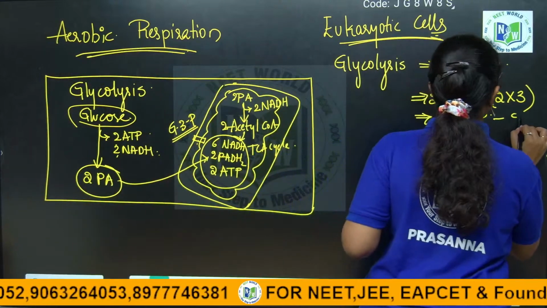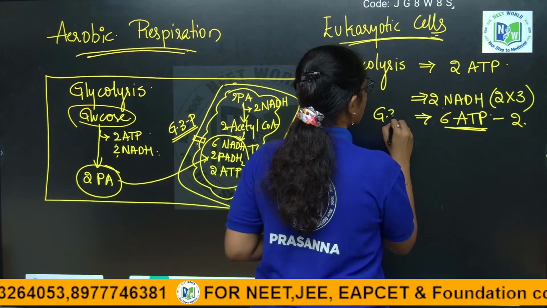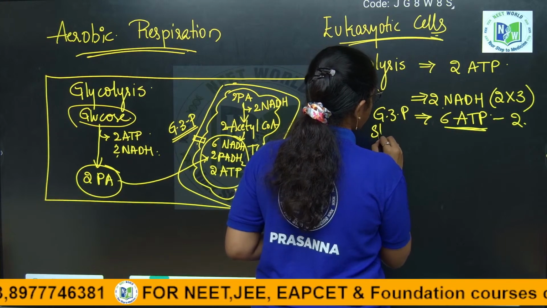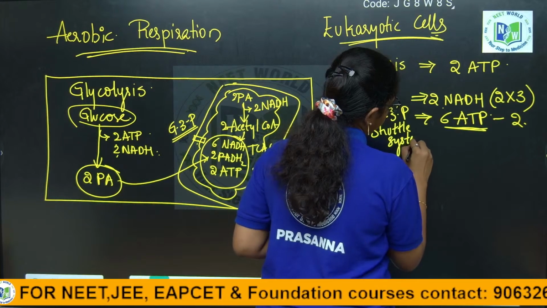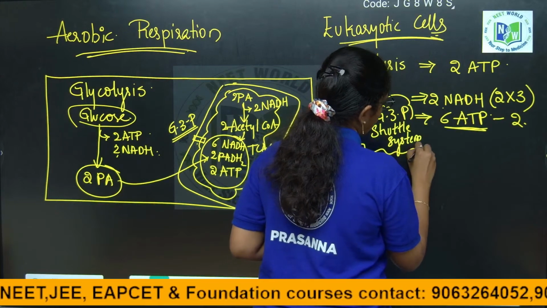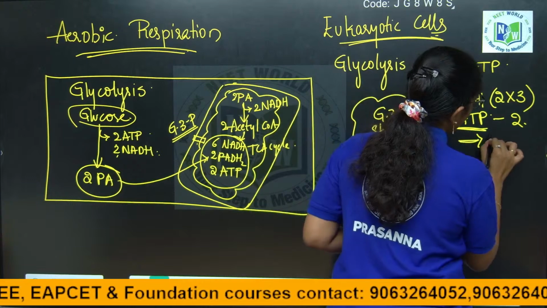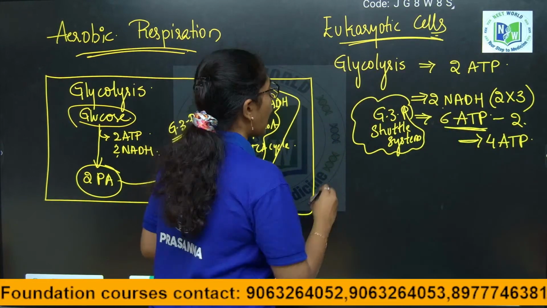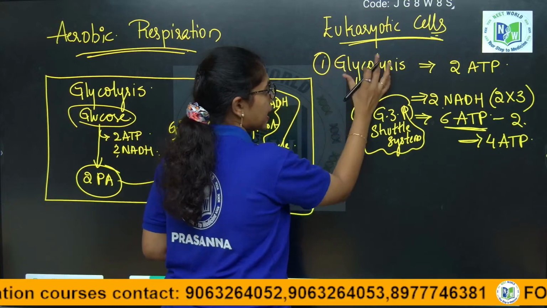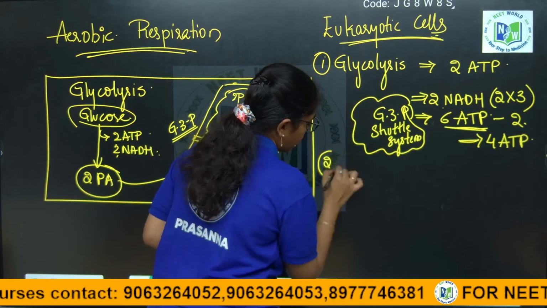So 6 minus 2 is utilized by the shuttle system. It is 4 ATP. How much? It is 4 ATP. And this is the energy of glycolysis in aerobic respiration.